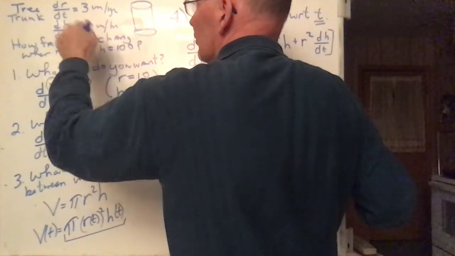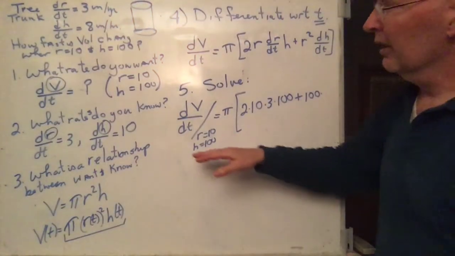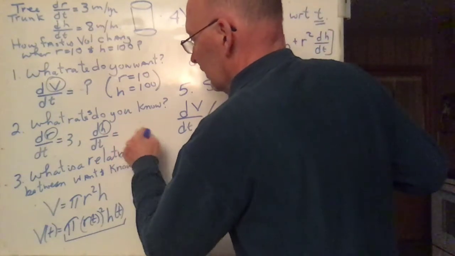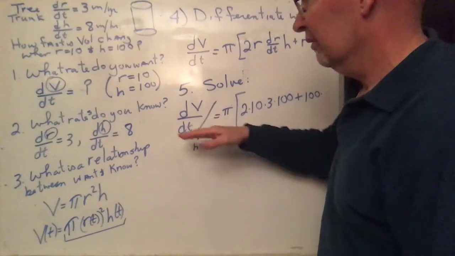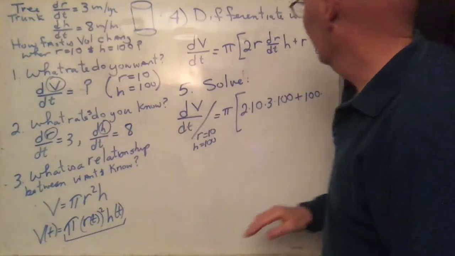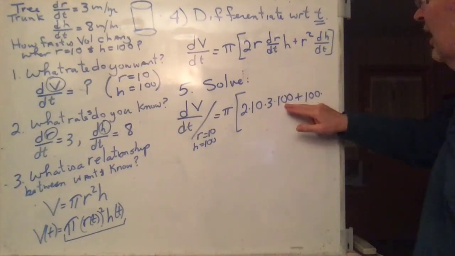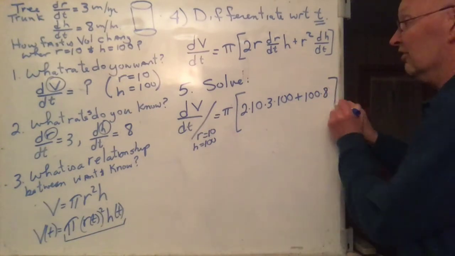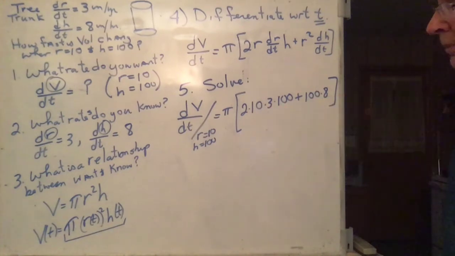So let me change that to an 8, so that if you look at this later on, you won't have so many 10s. So dh/dt is 8, just so you can tell which one means what.